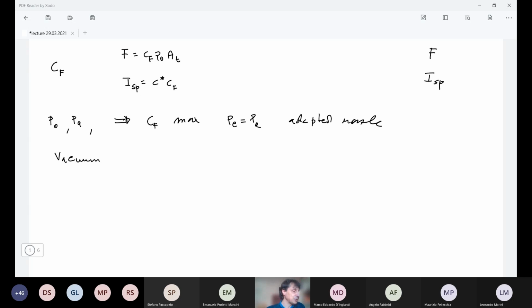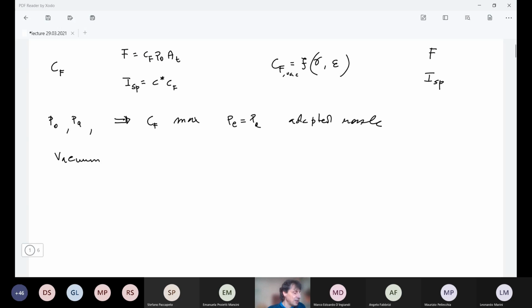We have seen that thrust coefficient in vacuum is just a function of gamma and epsilon, and it is an increasing function of epsilon. So we should move towards as high an epsilon as possible, as high an area ratio as possible.